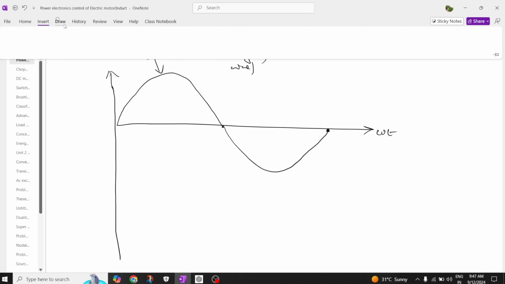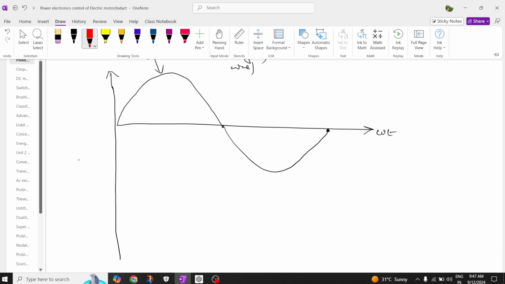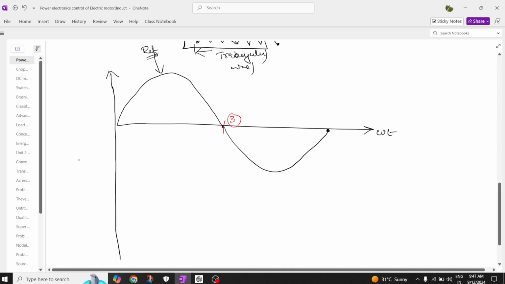And now we are going to compare this with a triangular waveform, where it should have 6 triangular waves in the given time. So up to here, how many do you need? 3 triangular waves. Only that I am drawing in order to make it very clear. So the triangular waveform is like this.